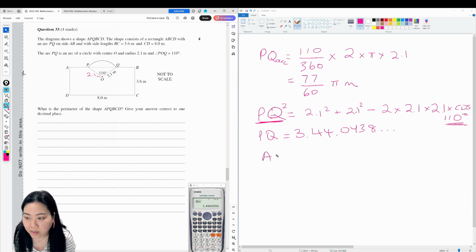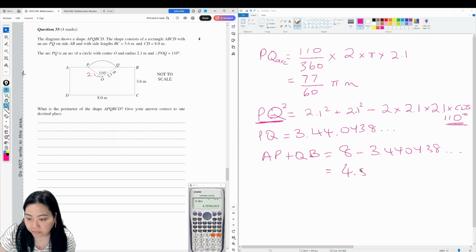AP plus QB is going to equal 8 minus 3.440438 ..., which is 4.559561 ... Now we can find the perimeter.